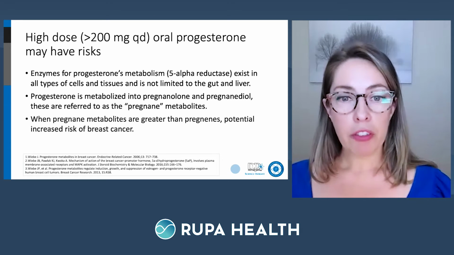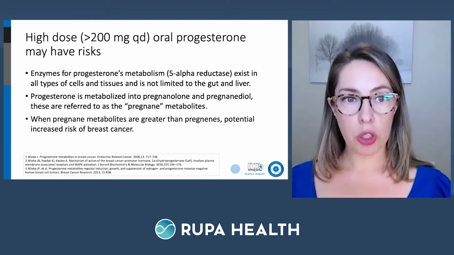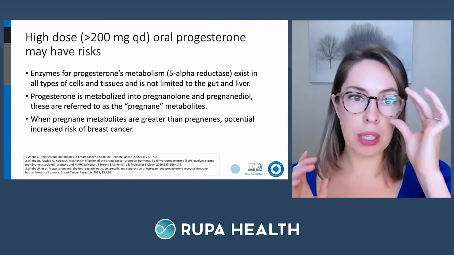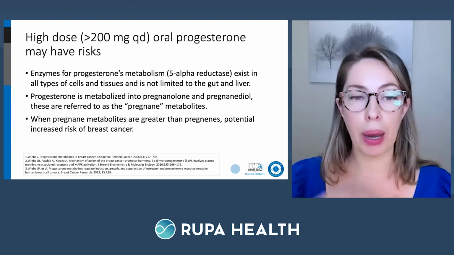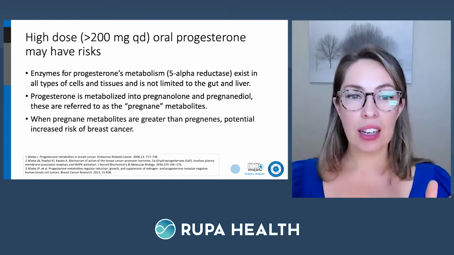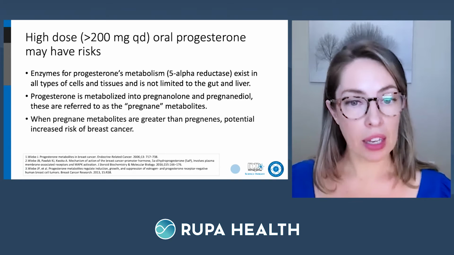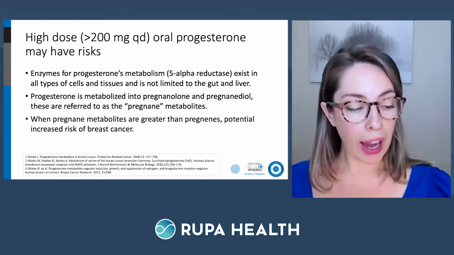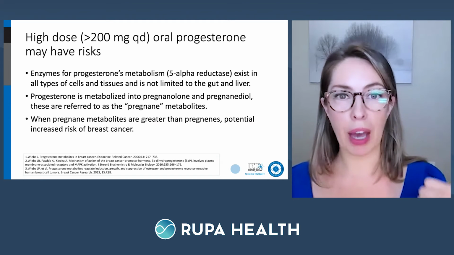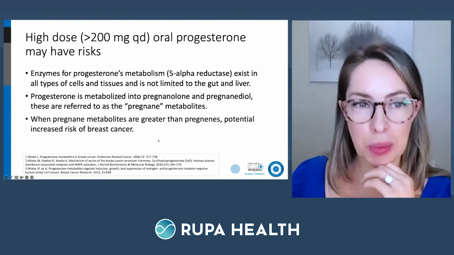Now, there were a few studies, 2006 to 2013, that were looking at high dose progesterone. High dose meaning greater than 200 milligrams each day was increasing that pregnane conversion. And when that exceeded the pregnenes, we saw an increased risk of breast cancer. So keep in mind, my argument to protect the breast is you really have to ramp up that oral dose high enough to protect the breast, but then you run into this problem.